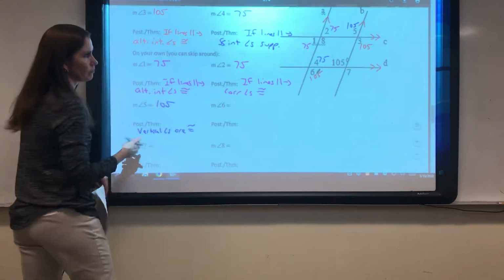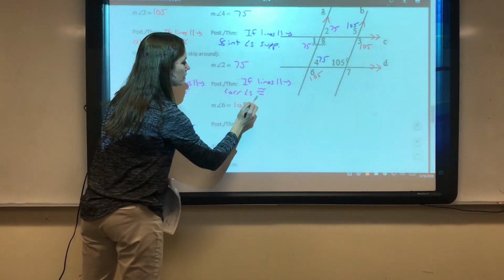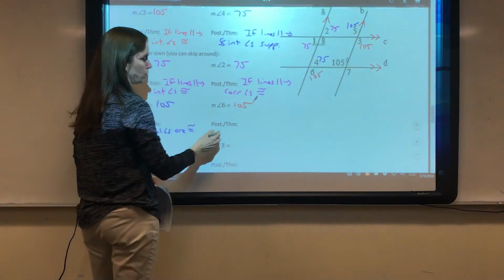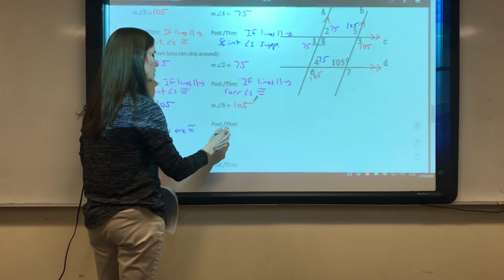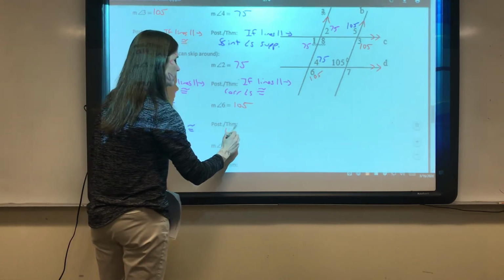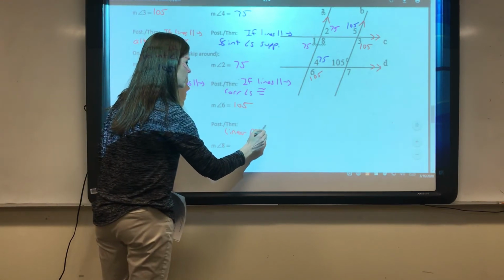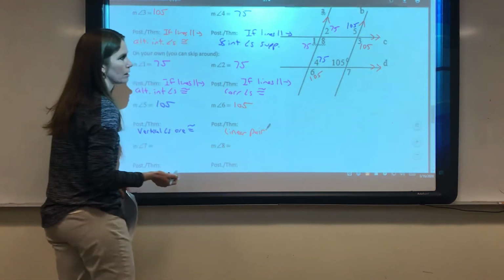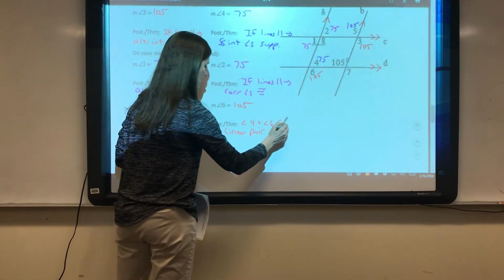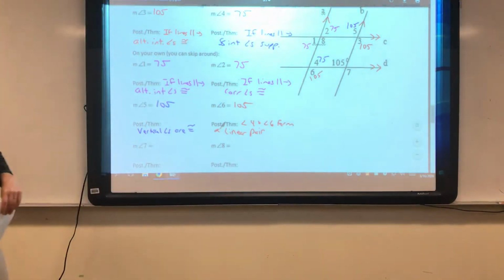So I can say angle 6 is 105, and then I can say that they are a linear pair. Angle 4 and angle 6 form a linear pair, so that would work there.